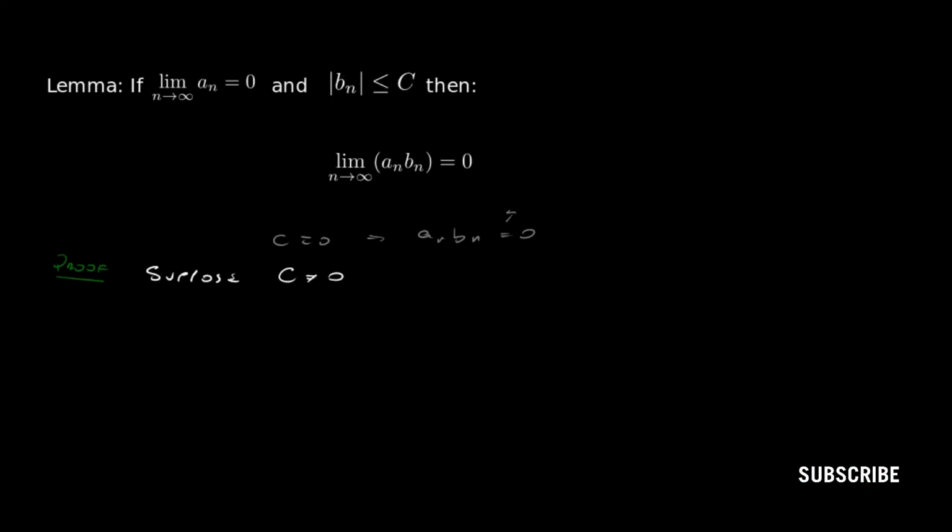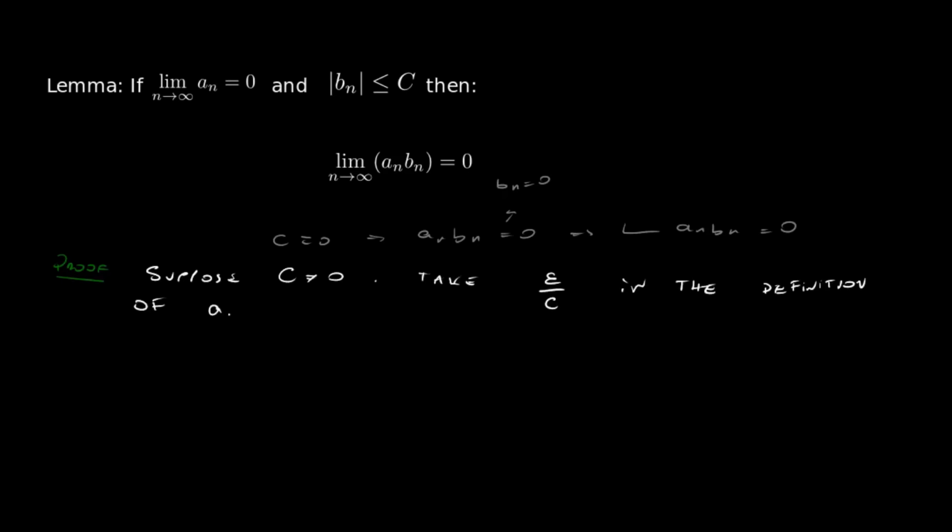So the only option for b sub n would be to be 0, and then the product is 0, and so the limit of a sub n times b sub n will obviously be 0.